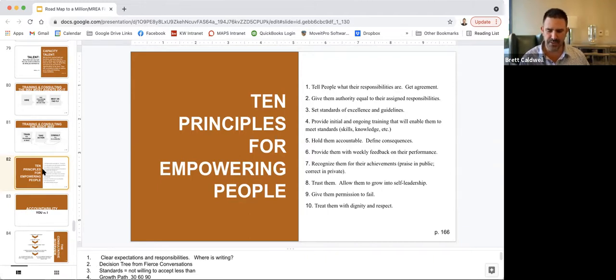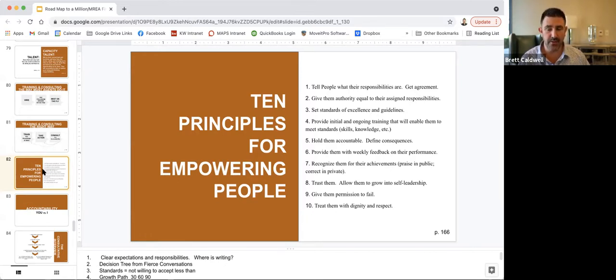Number two, give them authority equal to their assigned responsibilities. If you've ever taken Fierce Conversations, or read the book Fierce Conversations by Susan Scott, there's a thing called the decision tree. When we engage people and want to empower them, we also have to give them the authority to make decisions.